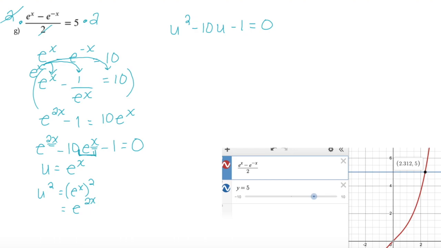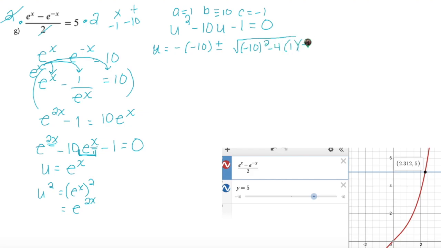There's nothing I can think of that will multiply to -1 but yet add to -10. So we'll have to utilize the quadratic formula, where a is 1, b is -10, and c is -1. So u is equal to the opposite of -10 plus or minus the square root of -10 squared minus 4 times our a value times our c value, all over 2 times our a value.